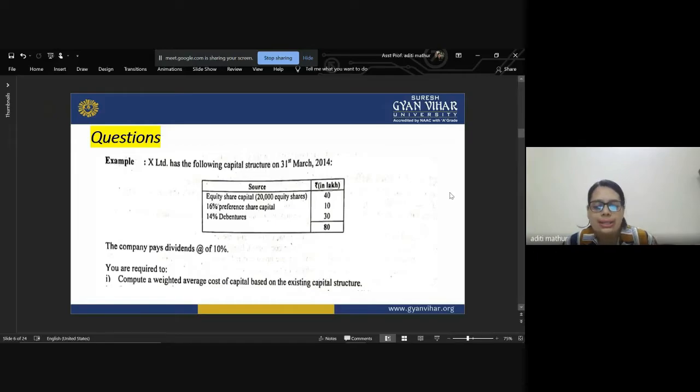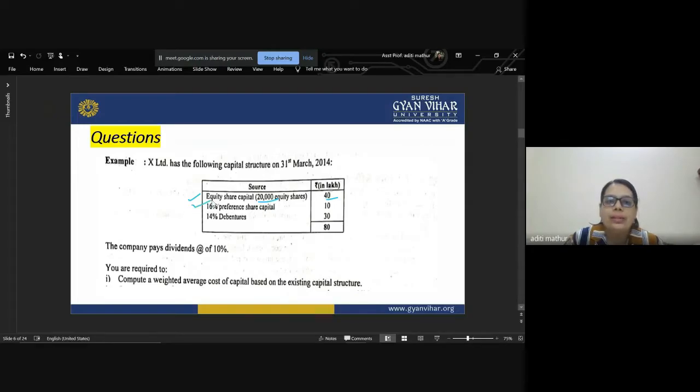The question says that X Limited has the following share capital on 31st March 2014, in which they have given us the sources of their capital, that is equity share capital of 40 lakh, in which 20,000 are equity shares.